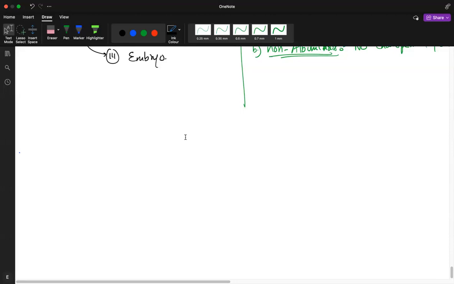Write down the next sentence in continuity. The dormant period only ends when the seed is exposed to favorable conditions.